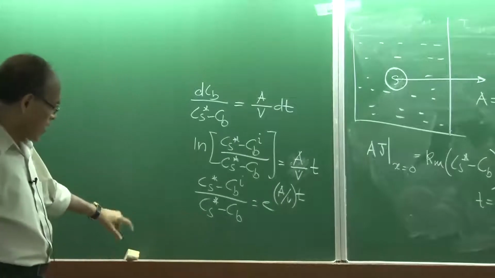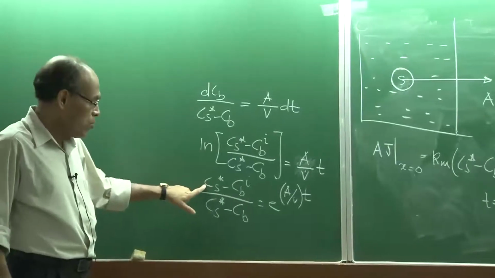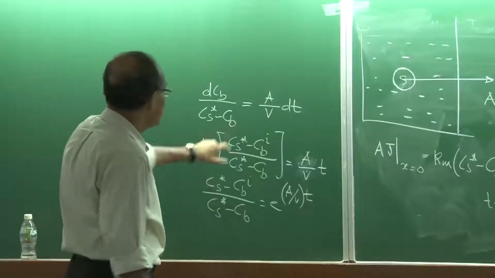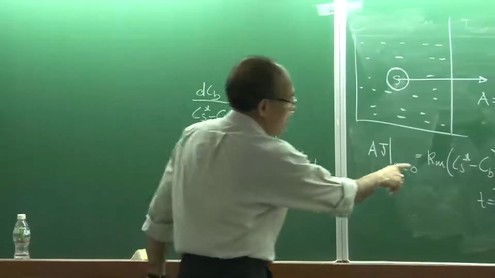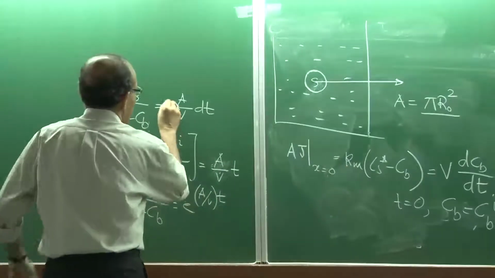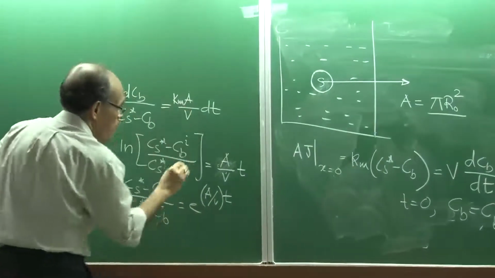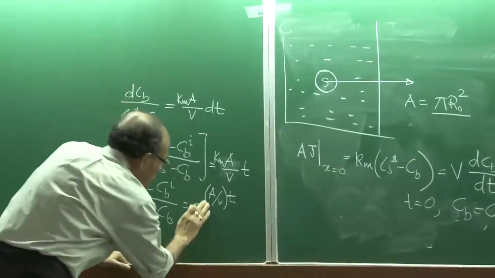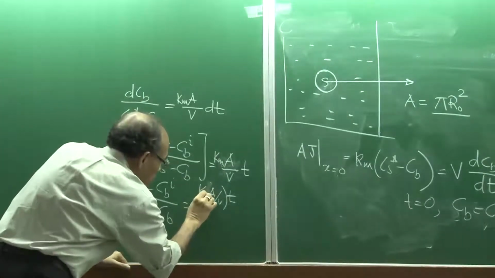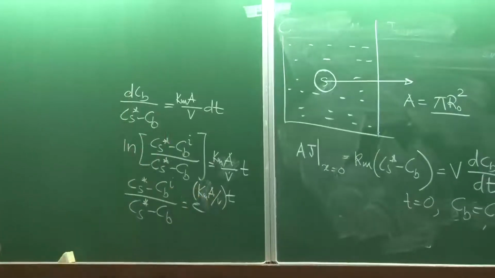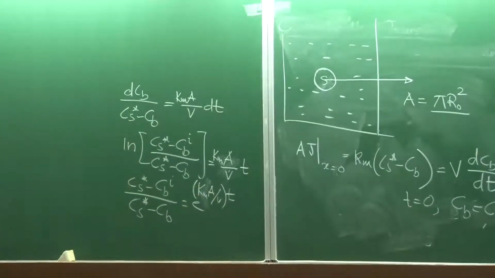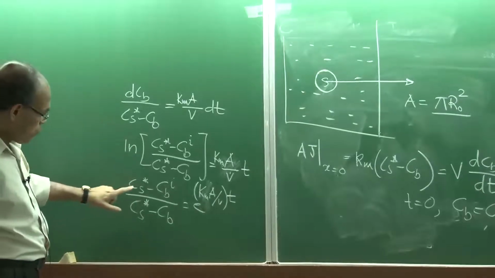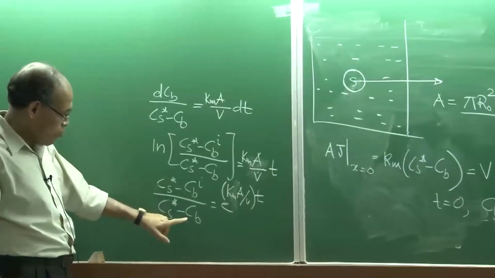This essentially tells us that Cs star is known, and Km is there, so Km into it. If you see here, what it essentially implies is that we want to find out Cb.